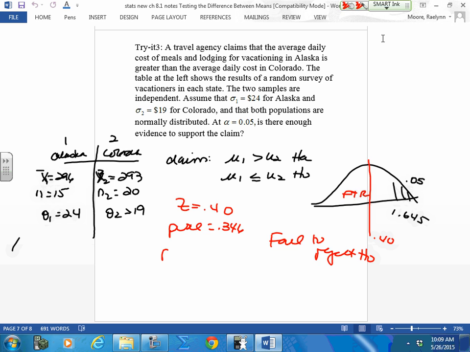If you test your p-val, that's greater than your level of significance. So if you fail to reject your H0, again, we cannot support the claim. There's not enough evidence to support the claim at a level of significance of 0.05 that the cost in Alaska is greater than the cost in Colorado.